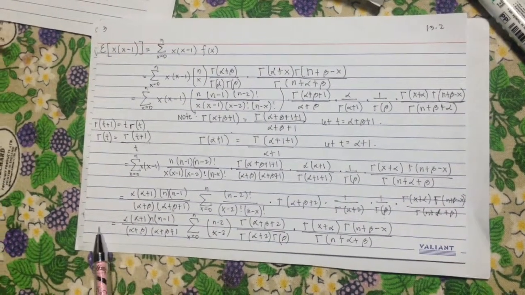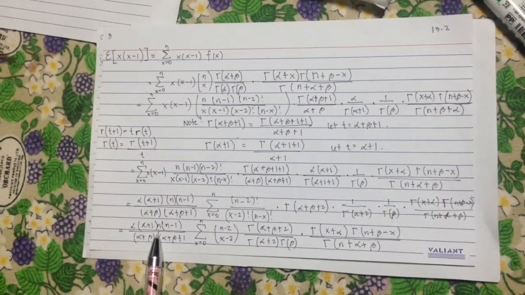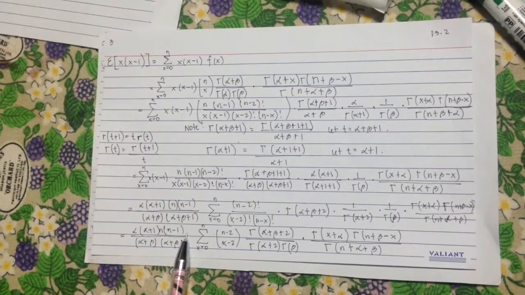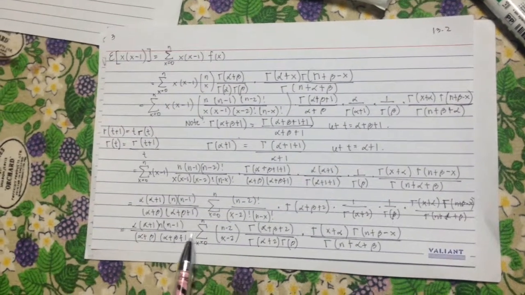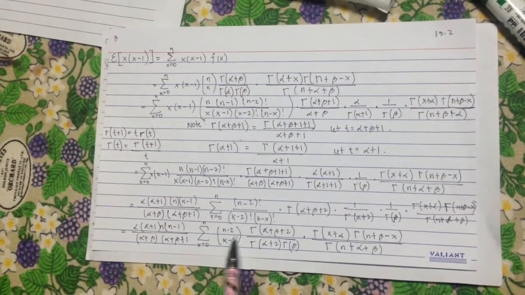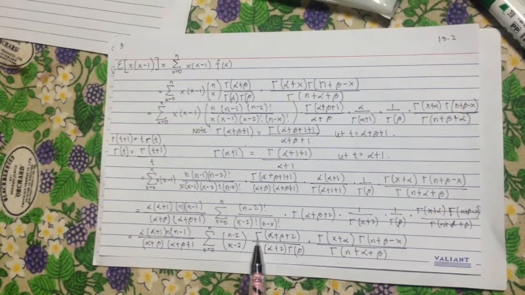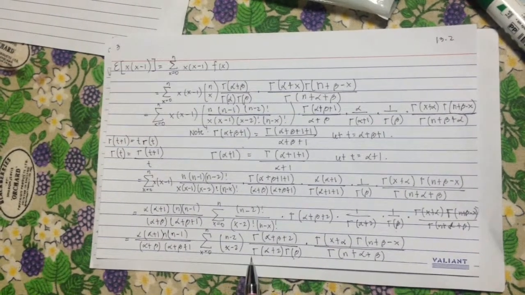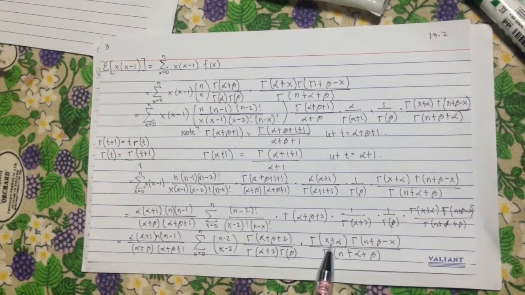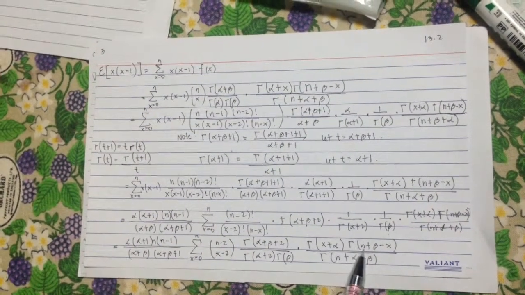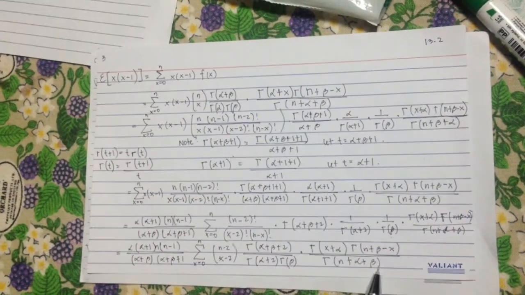So it is equal to alpha times alpha plus 1 times n minus 1 over alpha plus beta times alpha plus beta plus 1 times the summation of n minus 2 choose x minus 2 times the gamma of alpha plus beta plus 2 over the gamma of alpha plus 2 times gamma of beta times the gamma of x plus alpha times the gamma of n plus beta minus x over the gamma of n plus alpha plus beta.